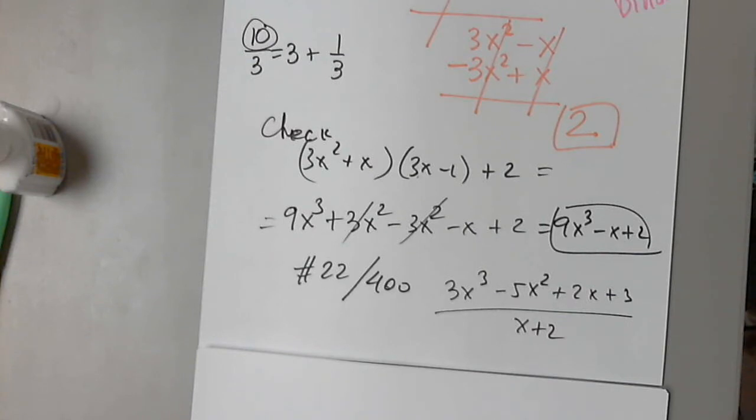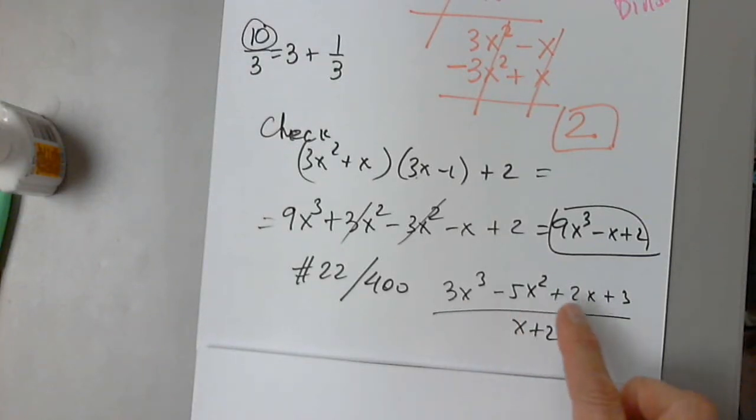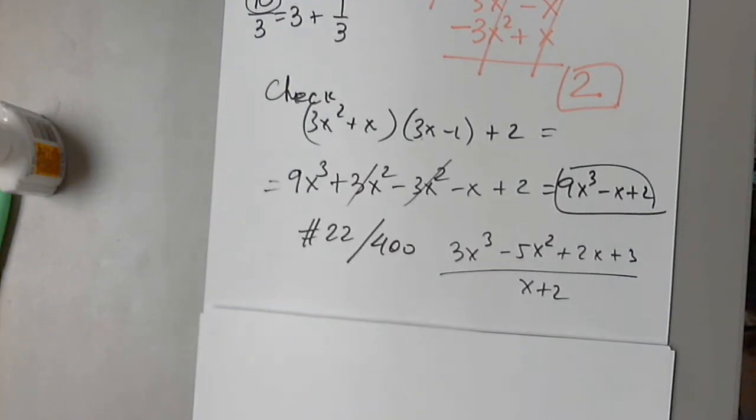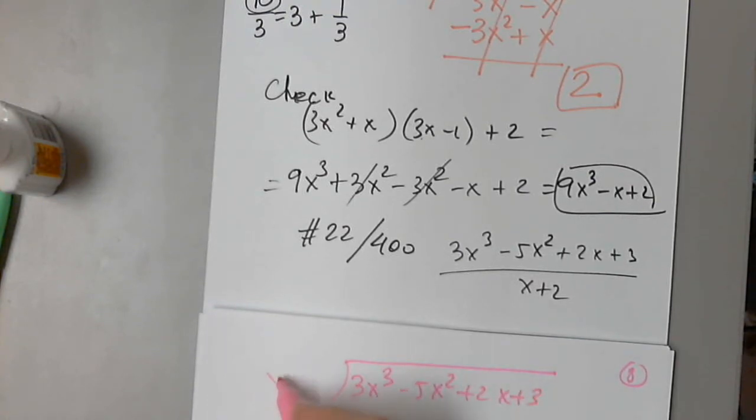They are in descending order. There is no missing term from the top. The degree is 3, degree 3, degree 2, degree 1, degree 0, not power, but degree 0. And we are ready to start.